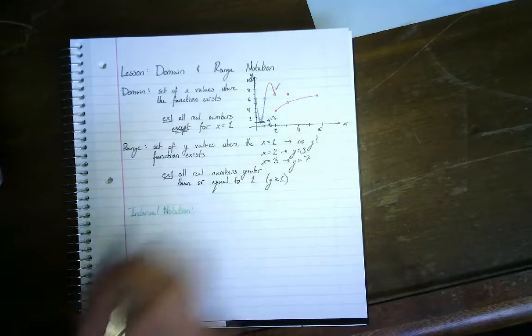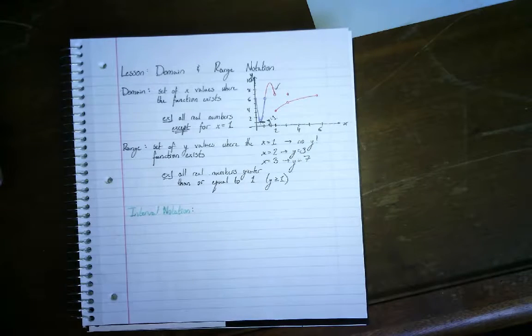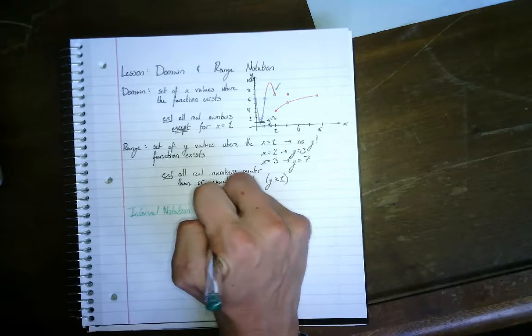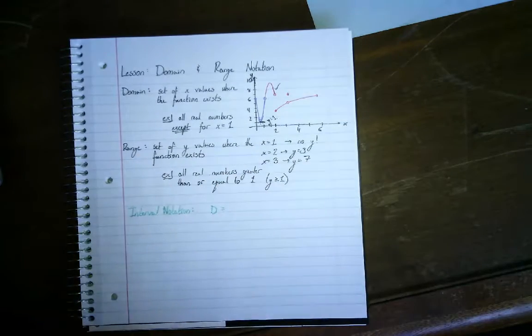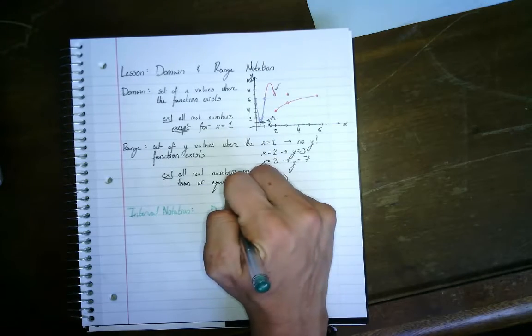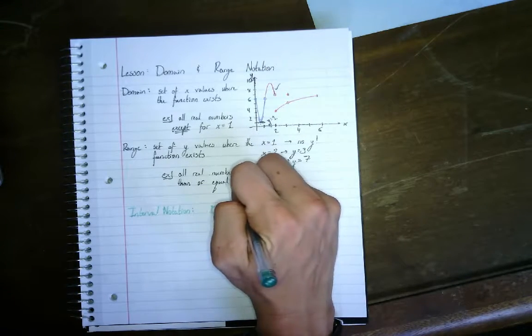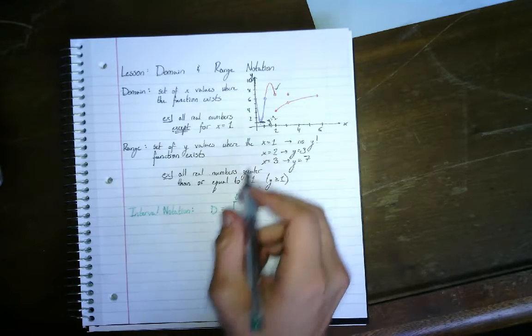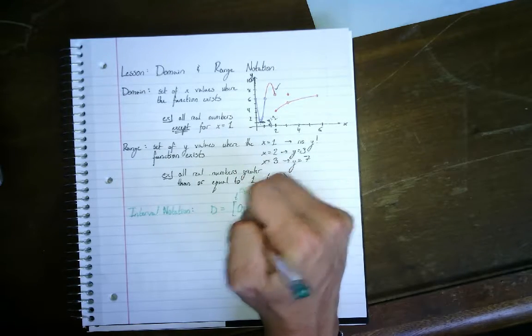We are trying to figure out, okay, where do our x's exist? So our domain, capital D, well, this thing starts at an x value of 0. So we can start with an open bracket. This means begins. And we know it begins at an x value of 0.